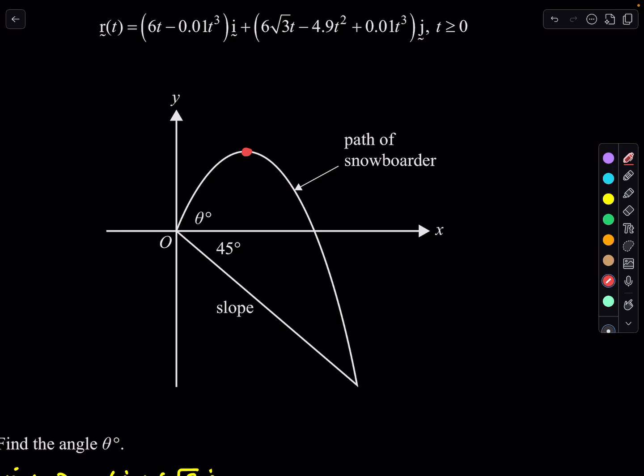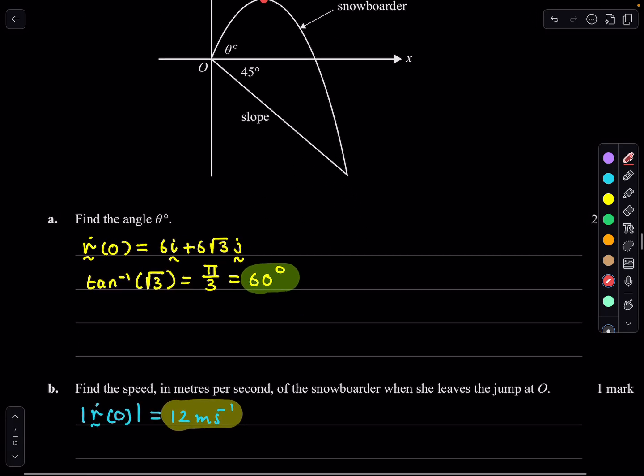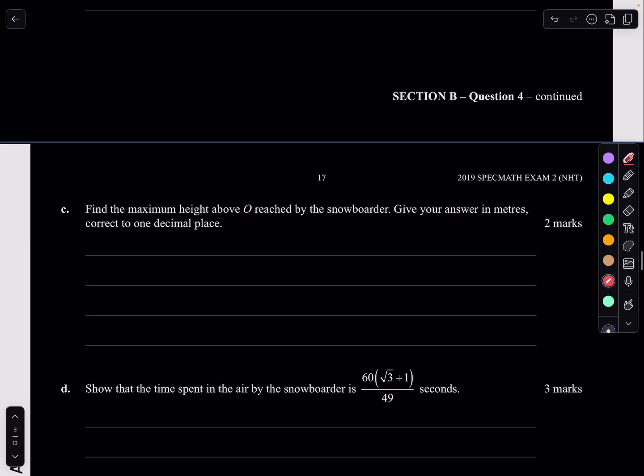So we can use that to our advantage. Let's write this down. If I know that the j component, j meaning the height component, of r dash of t, which is the velocity, is what?